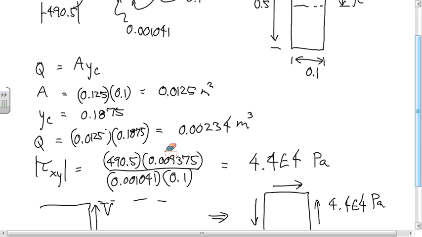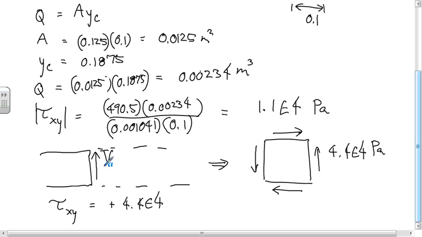So I'll just divide it by 4. So 0.0234. So 1.1. Okay, thanks. The directions are all still the same. So 1.1. This is 1.1.